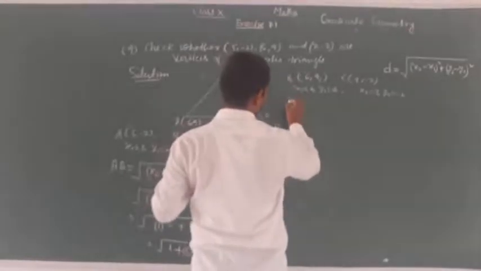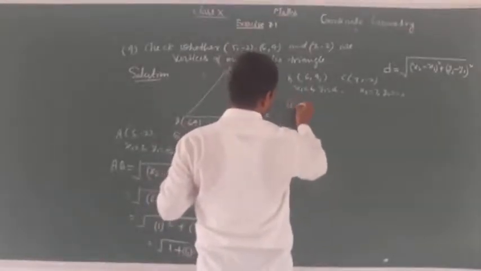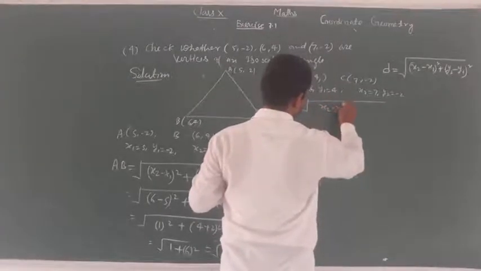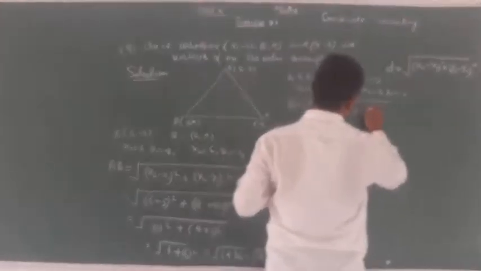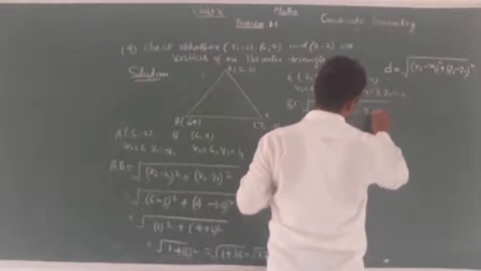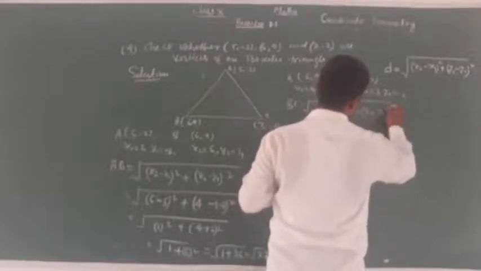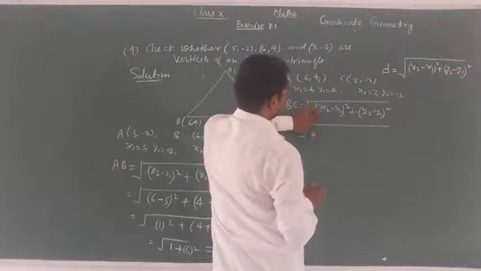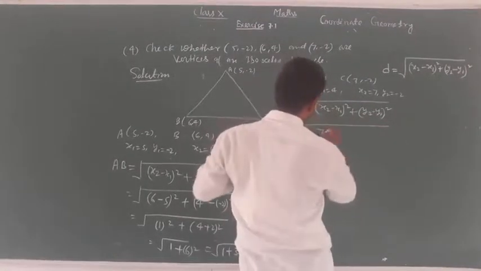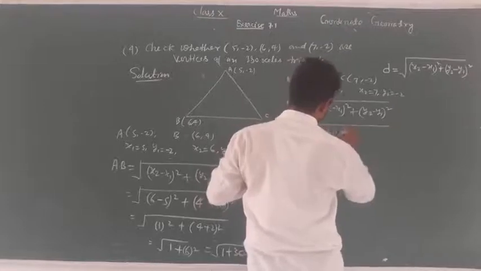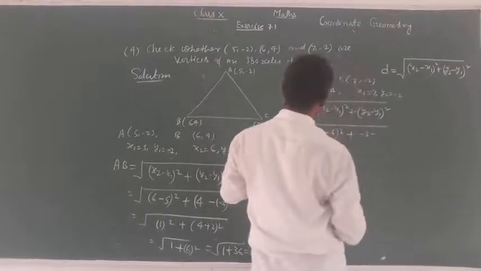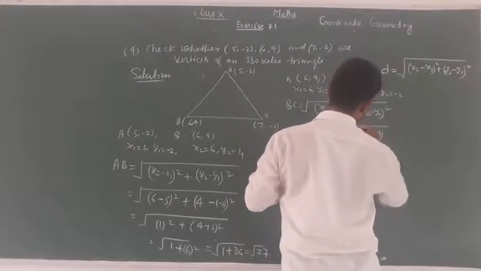So the distance formula for BC is the square root of (x2 minus x1) squared plus (y2 minus y1) squared. So put in x2 is 7, x1 is 6, squared, y2 is -2, y1 is 4, squared.